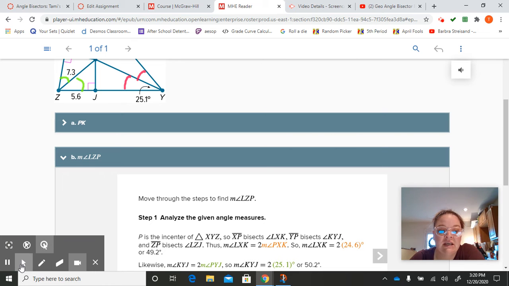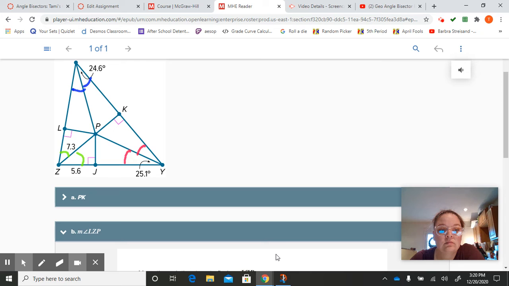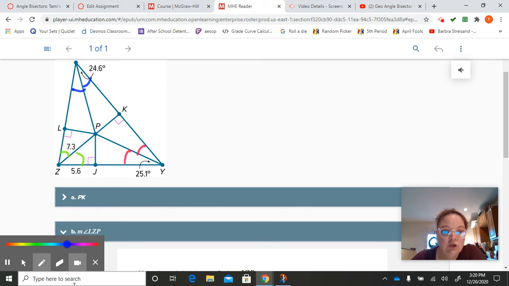So what they've done is they've looked at this entire angle, and they said that the entire angle has to be 2 of these guys, right? Because they're both 24.6. So you add them up, or you go 24.6 times 2, however you want to think about it, and you get the whole angle. So let me go back to blue. Talking about the whole angle here.